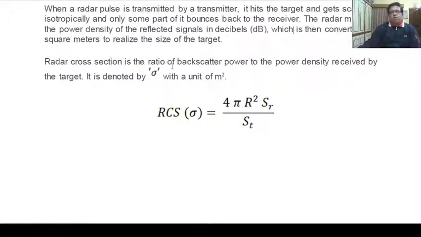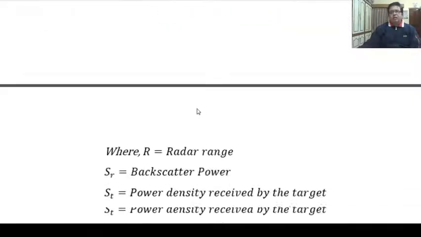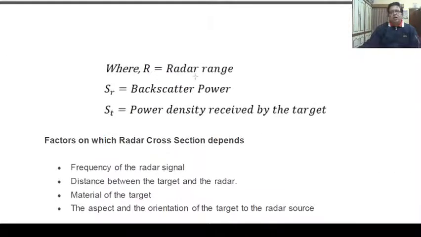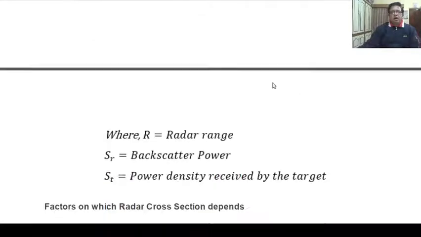Radar cross-section is the ratio of backscatter power to the power density received by the target. It is denoted by sigma, and RCS sigma equals 4 pi R square SR upon ST. ST is for transmitted and SR for reflected. Here R is the radar range, SR is the backscatter power.